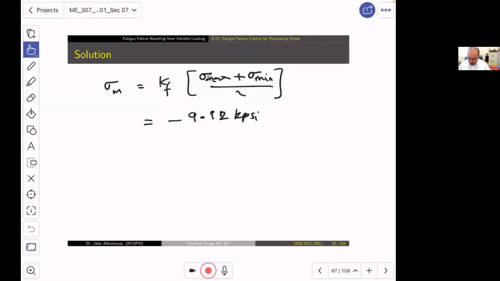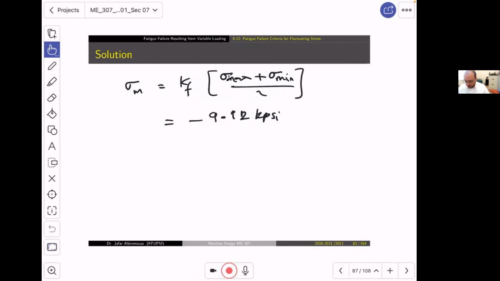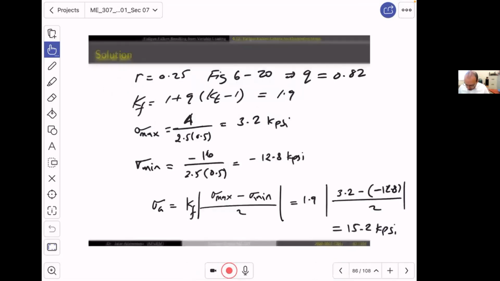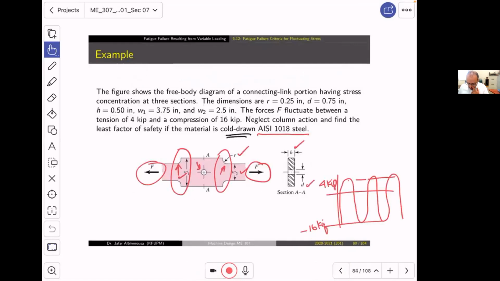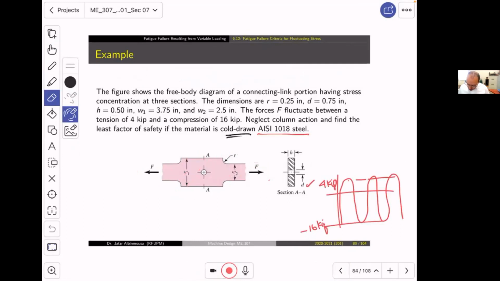So, Shabab, let's continue the solution for our problem that we started. If you recall this problem, just to remind you, we have this link, which is subjected to a 4 kilopound and minus 16 kilopound of force as a fluctuating load.